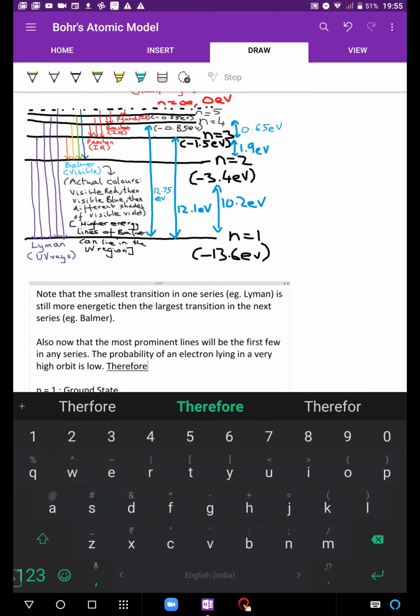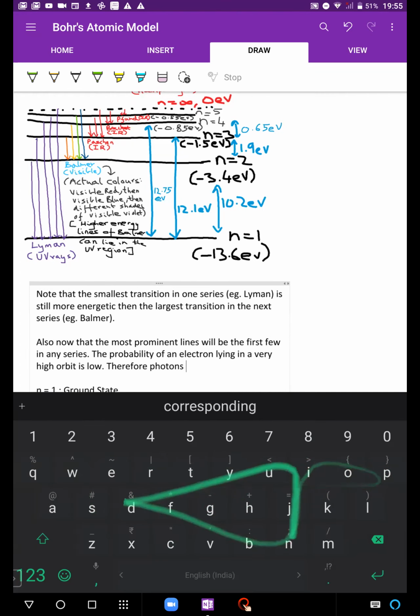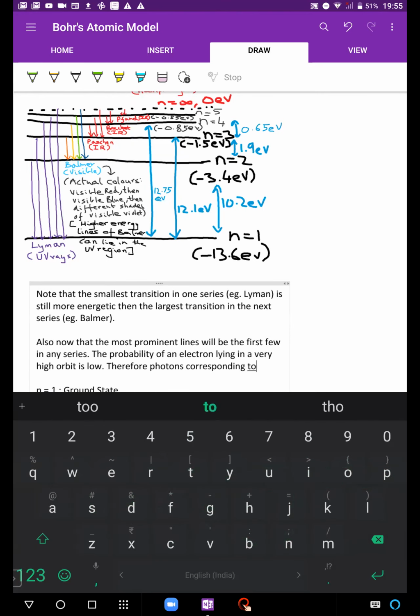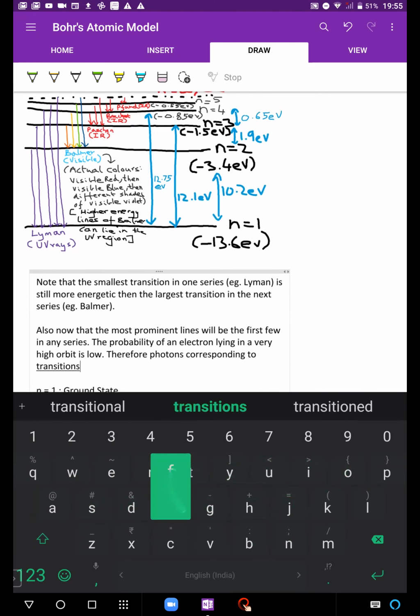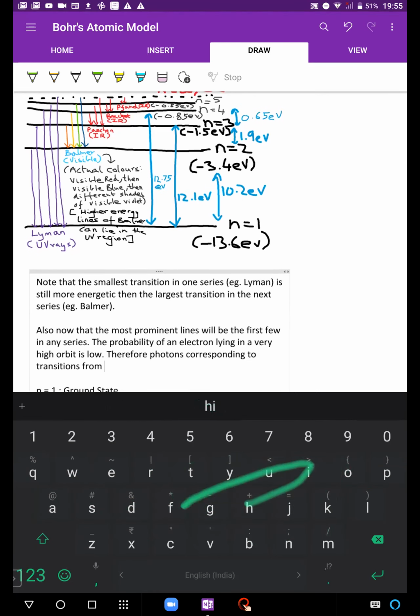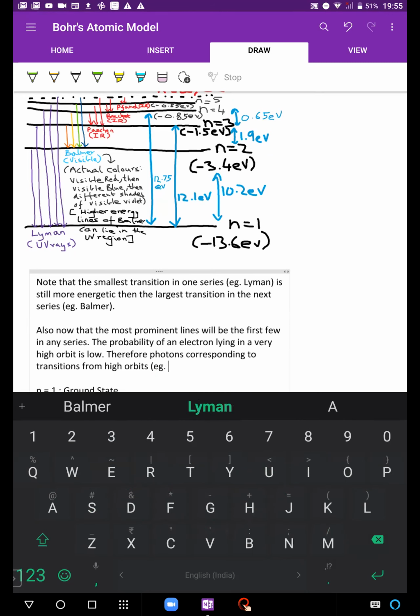Therefore, photons corresponding to transitions from high orbits, I'm giving this example, 17, 20, etc.